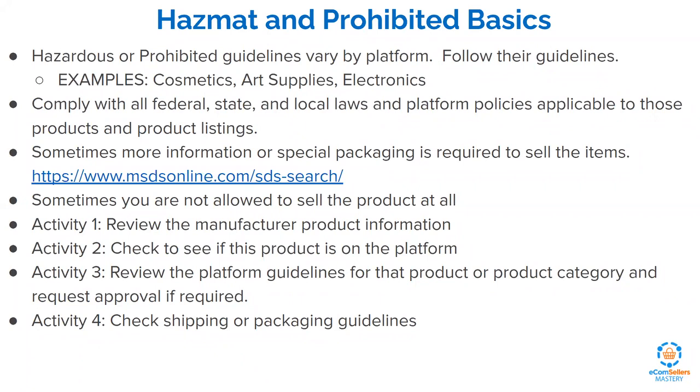And if that manufacturer and distributor does not have that document available, then the other thing you have to be mindful of is that you may have to actually do some safety testing yourself. That is not inexpensive.